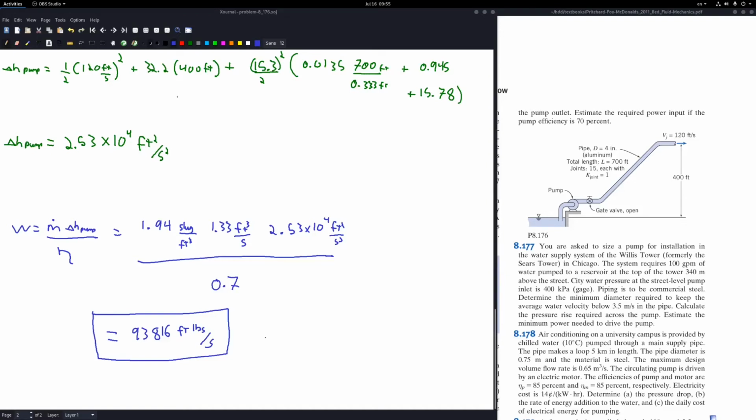Now the work required for the pump in pound feet per second can be written in horsepower by dividing by 550. And so we obtain that the required power into the pump is 170 horsepower.